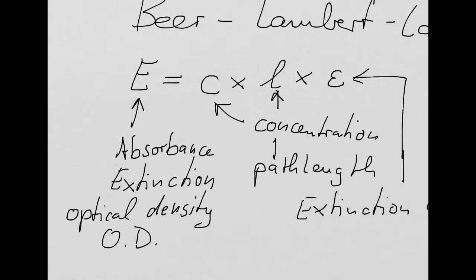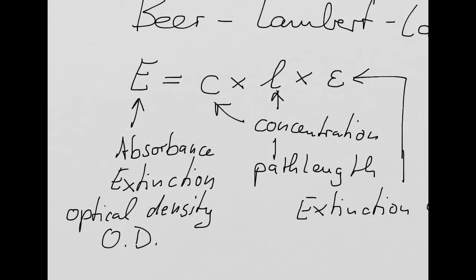We said that the Beer-Lambert law, does it in any way contain the wavelength at which we measure? If you look at this law, do you see wavelength anywhere in there? No? That's absolutely crucial that you remember.